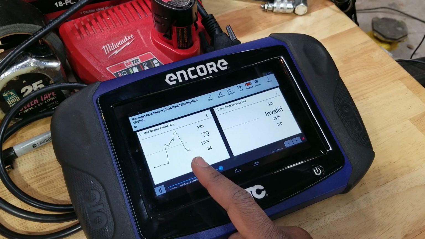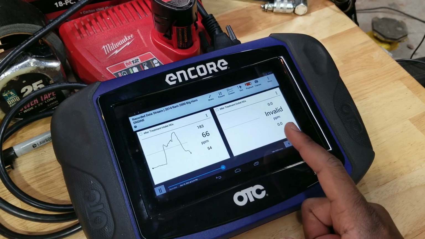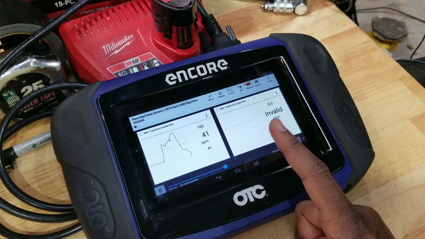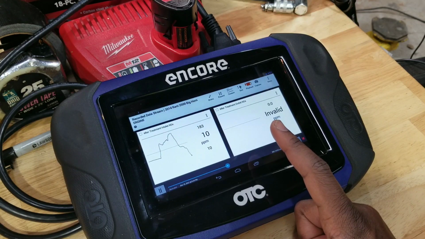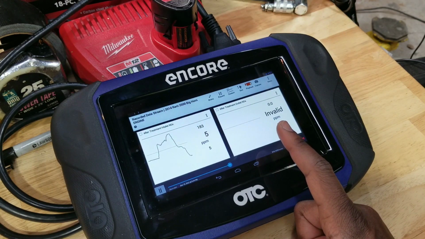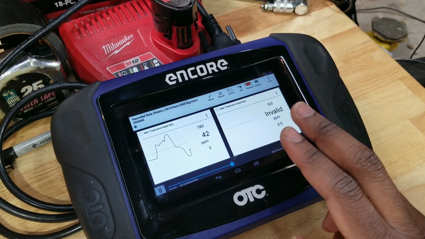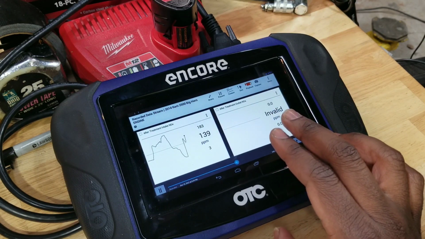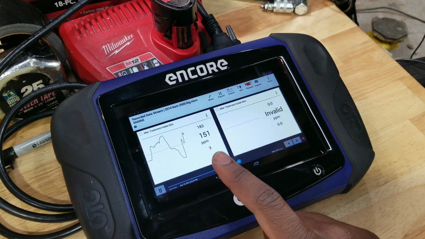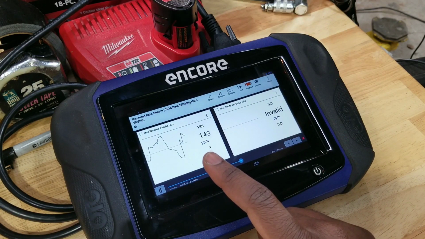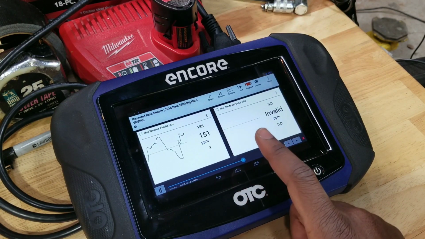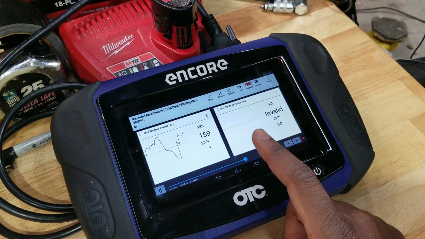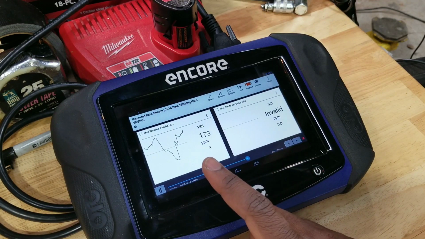So it falls down. But you notice on the right hand side, this sensor, which gave us the check engine light, is just saying invalid. That in itself is a problem, because the computer does not know how effective or efficient the catalyst is at reducing NOx.